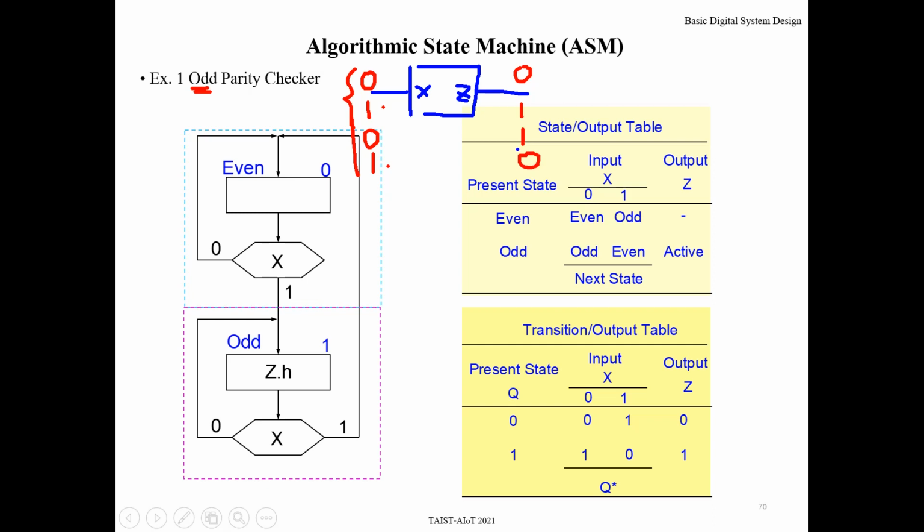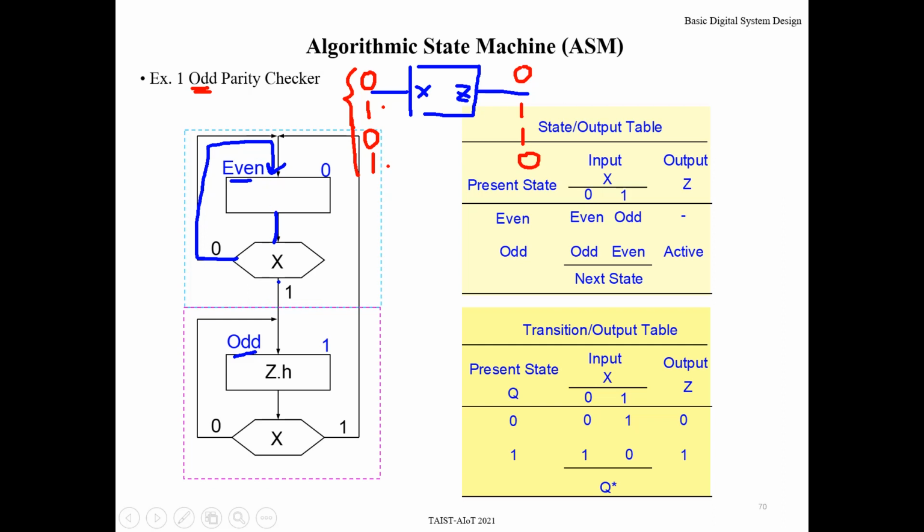That means if I write the ASM chart, it's something like: state even, no output active. State odd, output active, active high, so its value is 1. At state even, if input X is 0, it stays in state even after the clock tick.